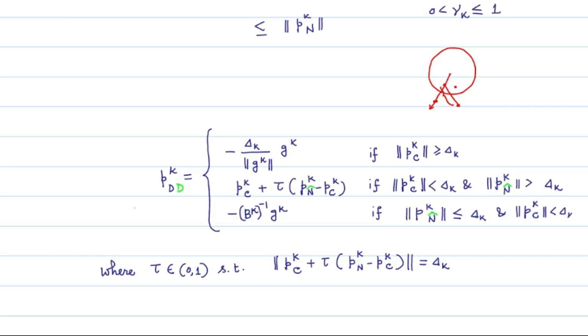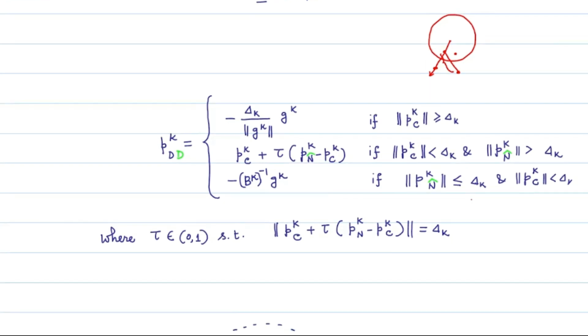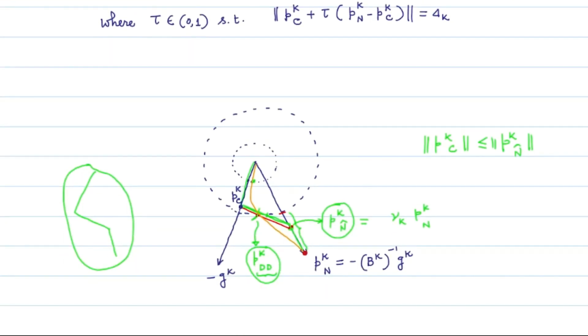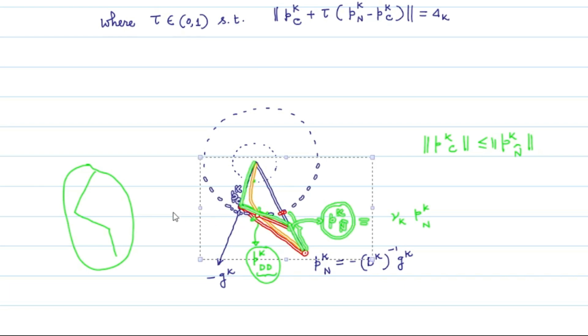So this is the revision of dogleg step to double dogleg step. We notice that this double dogleg step is more inclined towards the Newton direction than that of dogleg step. In dogleg step, the location is this location, the intersection of this line segment with the boundary.